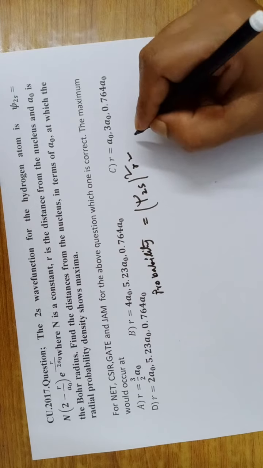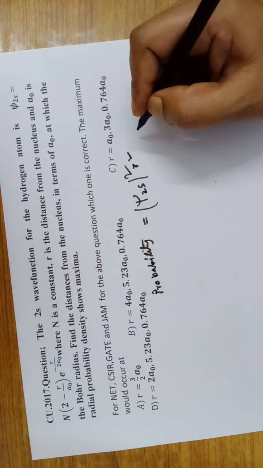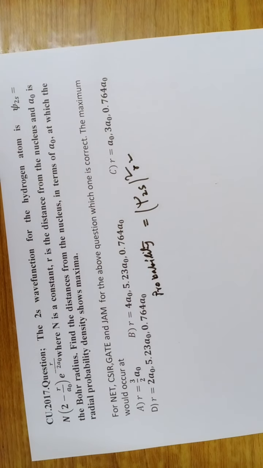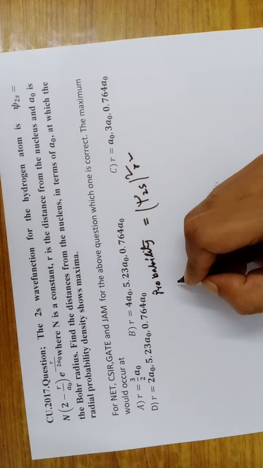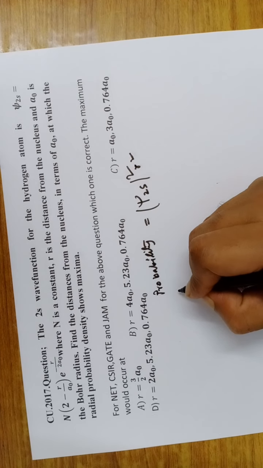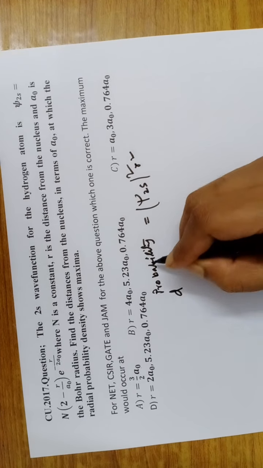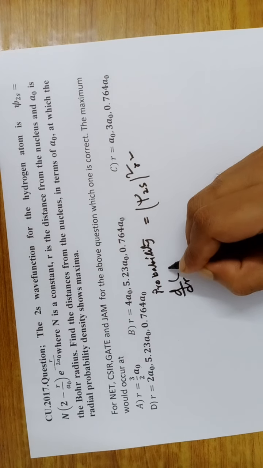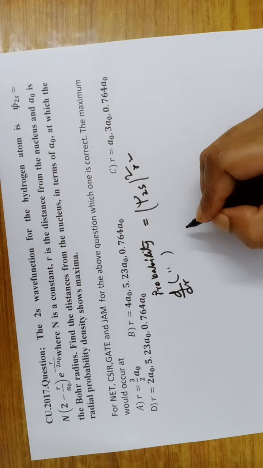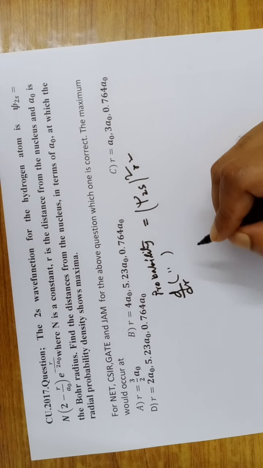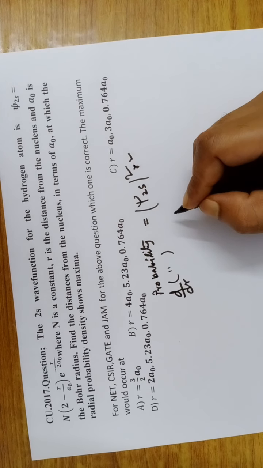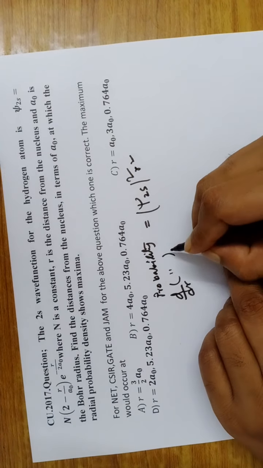What is this? It is a radial distribution function. Okay, so since it is a radial distribution function, d probability by dr will be 0 at maximum. Okay, then I will do just this.